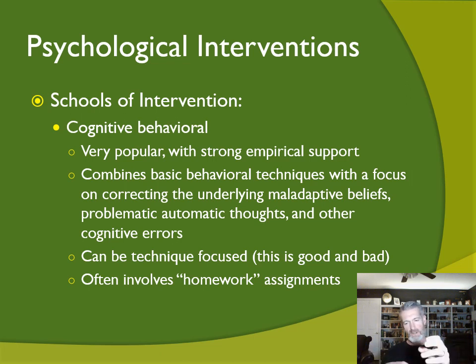You have behavior, you have cognition or thinking, and you have emotion. And if you can change any two of those, you'll change the third. Well, the problem is, as I've said to you here before, you don't really have a lot of control over how you feel. The emotions happen to you rather than you choosing them.